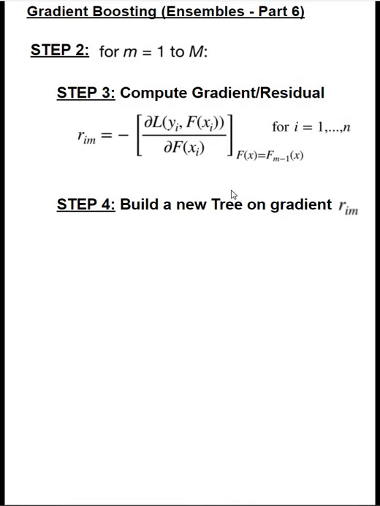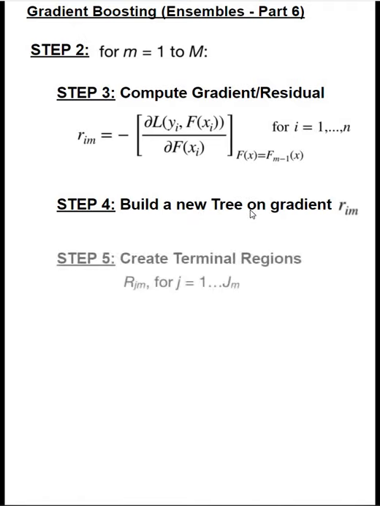The earlier tree f0 of x, which was calculated in step 1, had fitted the data on xi and yi. However, here we will be fitting the data on xi and r_im. So that's a key difference. We are not using yi here anymore for this newly built tree.